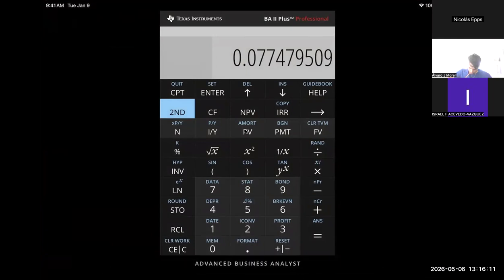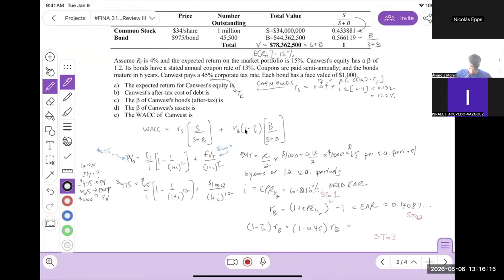I'll just put all the decimals, it's easier. So are you guys good? Something clicking there? 0.077479509 dot dot dot. So then that is this here, store 3.